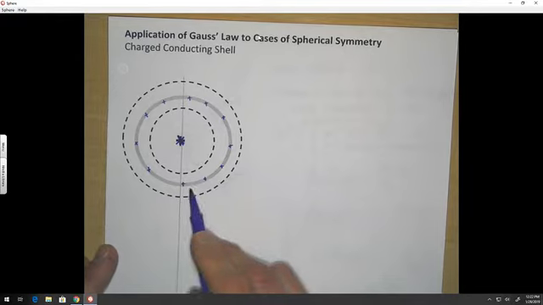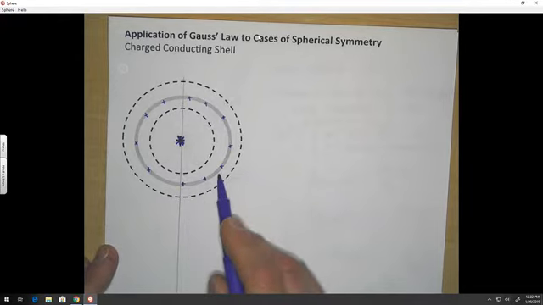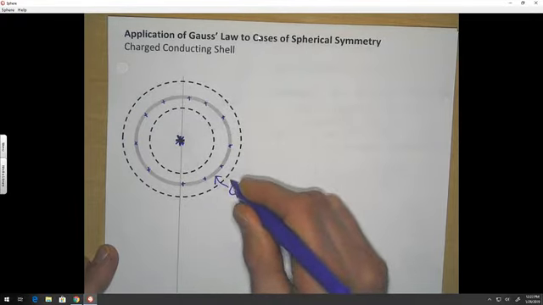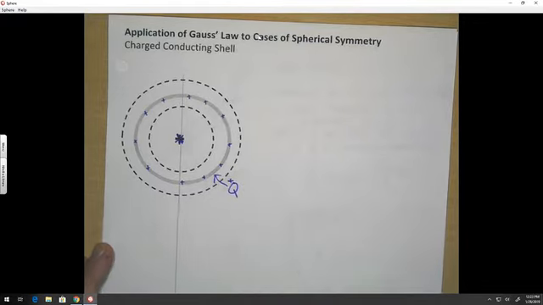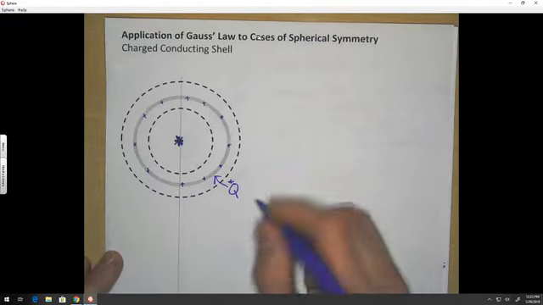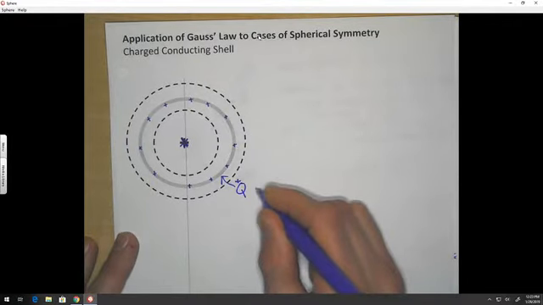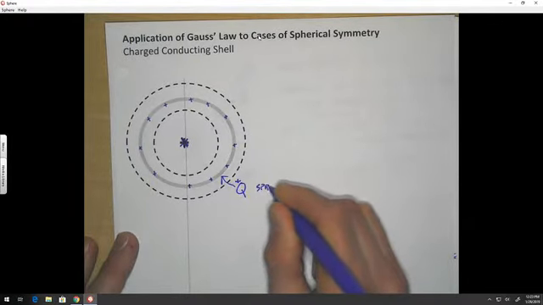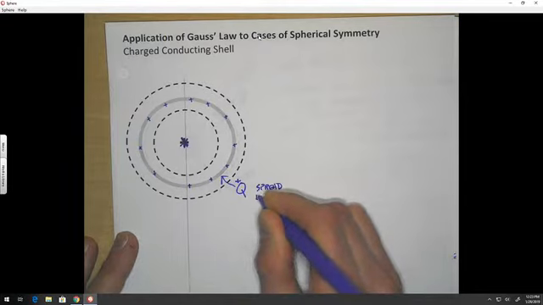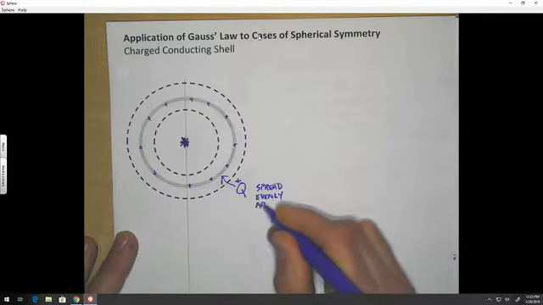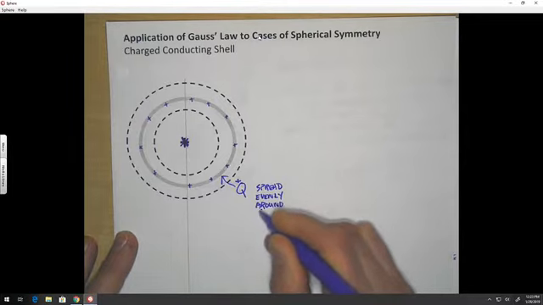So the shaded gray area is like metal, and we have a net charge on it of plus Q. Okay, and that's spread out evenly. I'll put plus Q spread evenly around the shell.